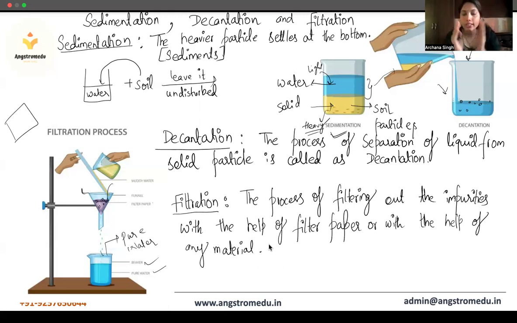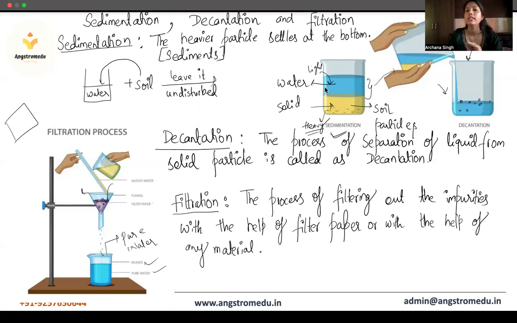Fine. So in this slide, we learned about three things: sedimentation, decantation, and filtration. These three are interrelated. To understand, you have to go one by one. Sedimentation is where you take a beaker in which water is already there, you add soil, and leave it undisturbed for some time.